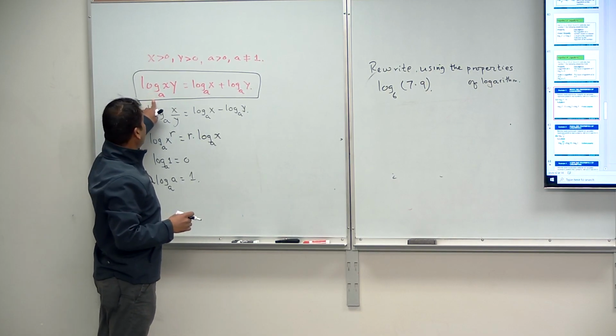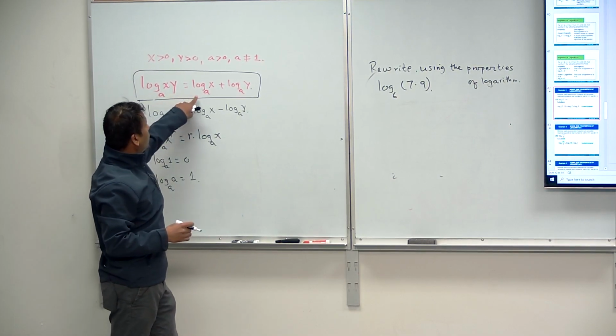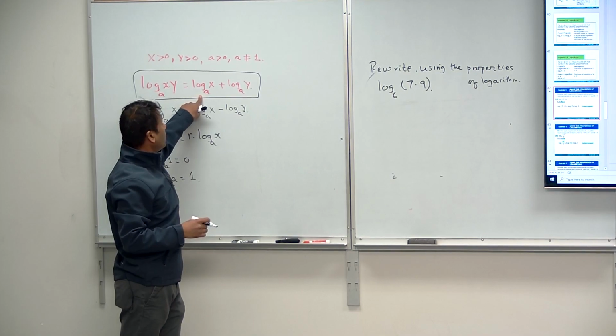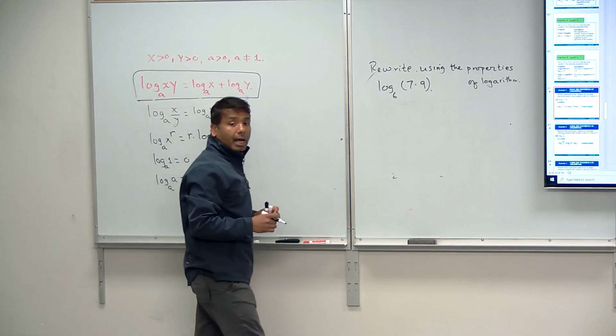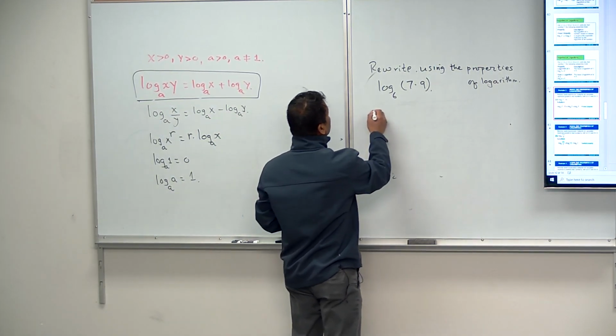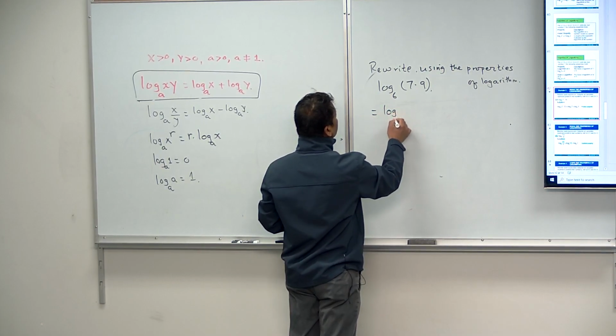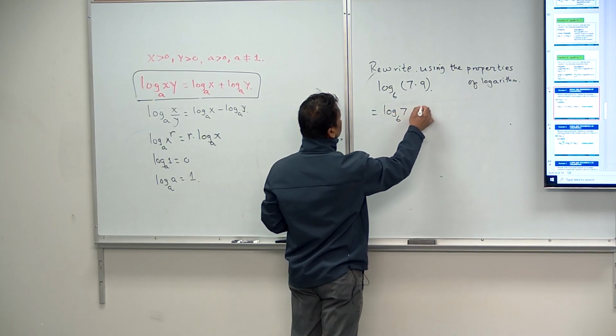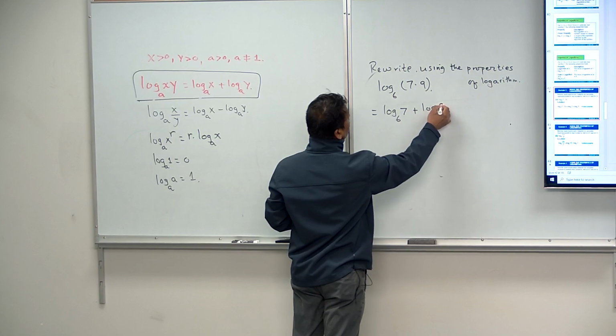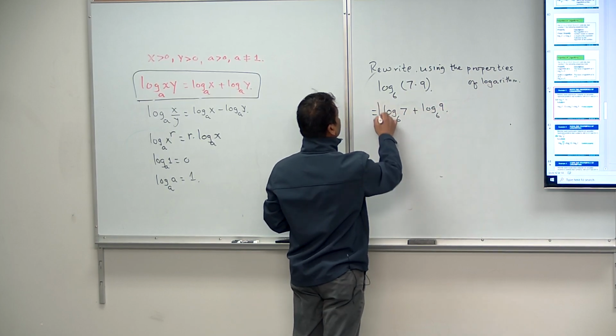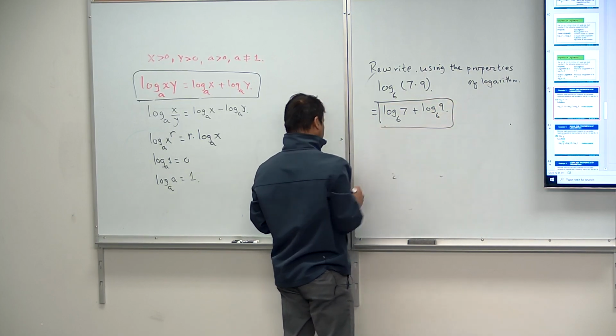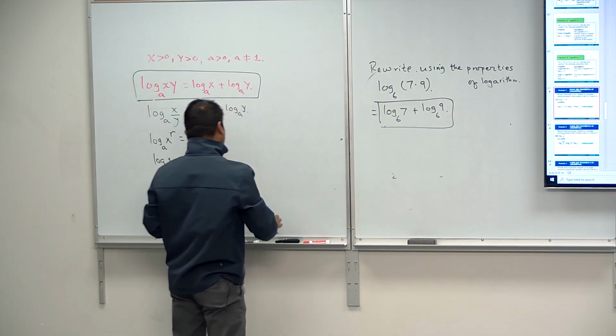Logarithm with base a of x times y is equal to logarithm with base a of x plus logarithm with base a of y. So this is the same as logarithm with base 6 of 7 plus logarithm with base 6 of 9. So use the product property.